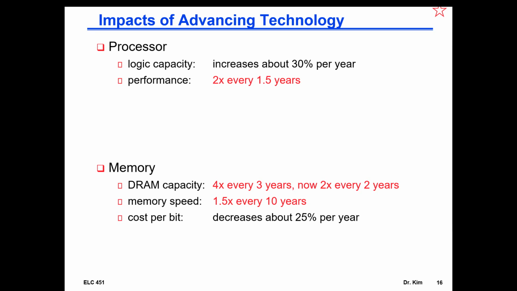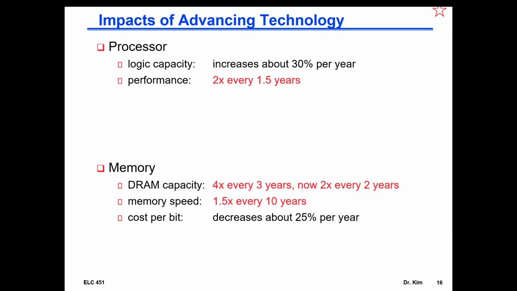Because we're storing the bit in a capacitor, you don't gain the speeds you get with pure logic, like processor digital logic. You get about 1.x speed increase every 10 years. And, which is important, the cost per bit decreased about 25% per year.